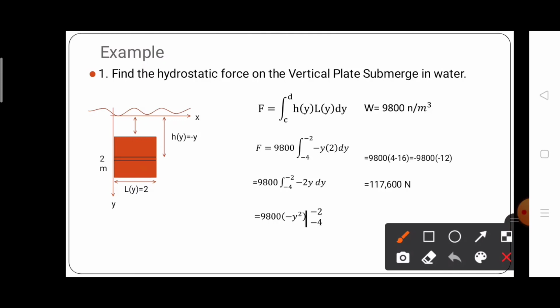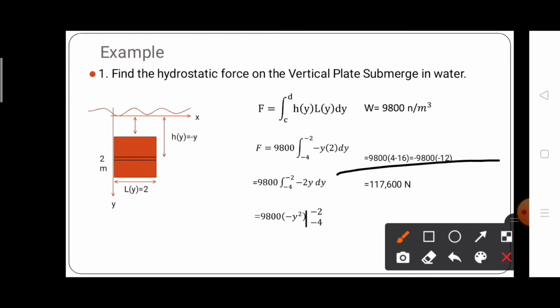Substituting the values, 9,800 times negative 2 squared is 4, and negative 4 squared is 16.